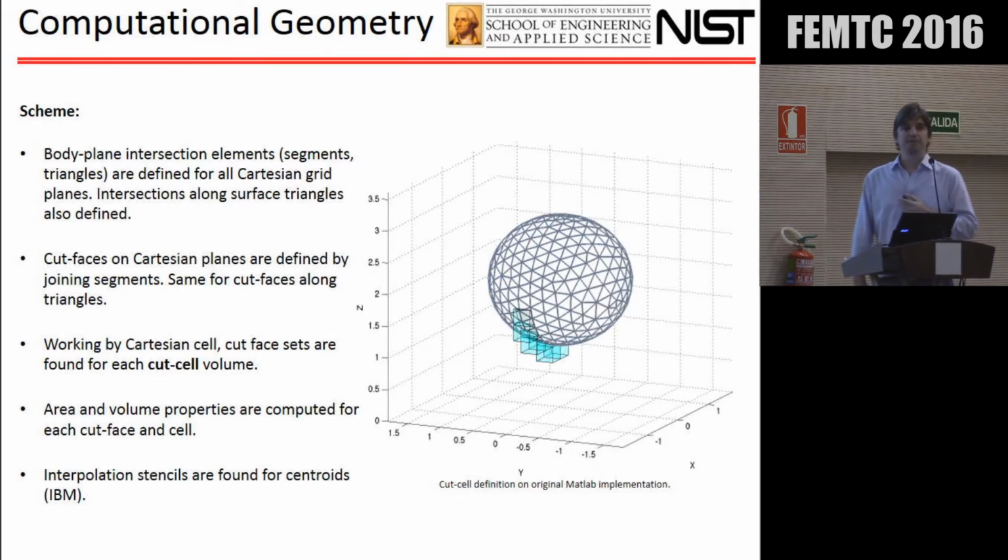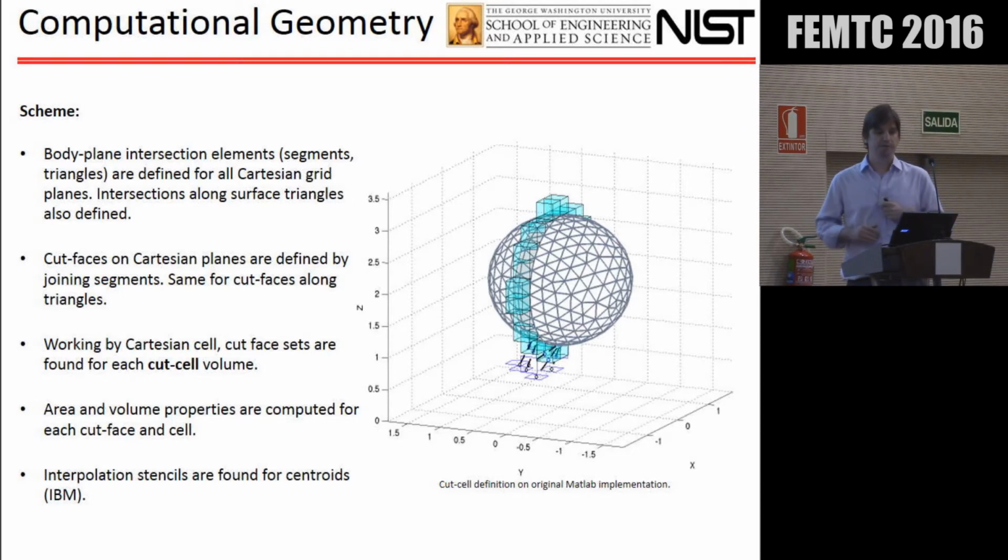And the reason for that is mainly because that's the basic type of mesh that is used in unstructured finite element methods, for example. And those cut faces that are within the surface of the object are also used together with the faces on the planes, and we look at those sets and we figure out which are the volumes, which are these cut cells next to them.